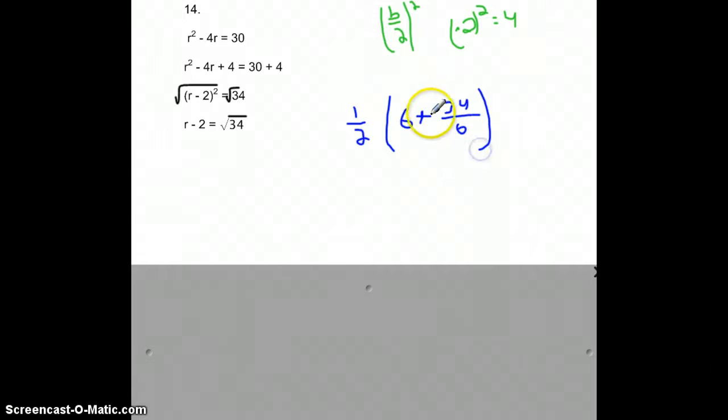We've got to combine these two things. So let's get a common denominator. 6 we can actually make 36 over 6, to give it a common denominator, right? That's the same thing as 6. Now we add these, and we should get 70 over 6. That is inside the parentheses, and that'll be multiplied by 1/2. Multiply that by 1/2, we end up with 70 over 12.